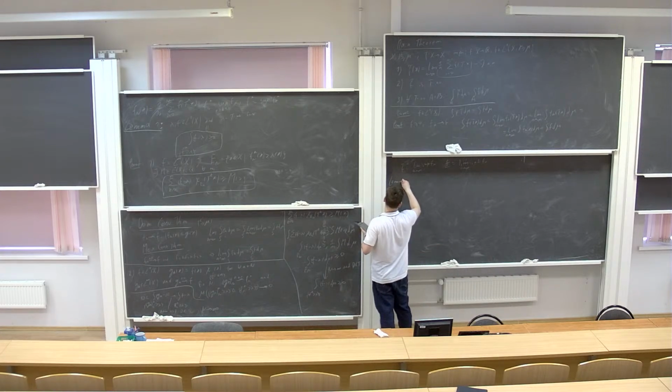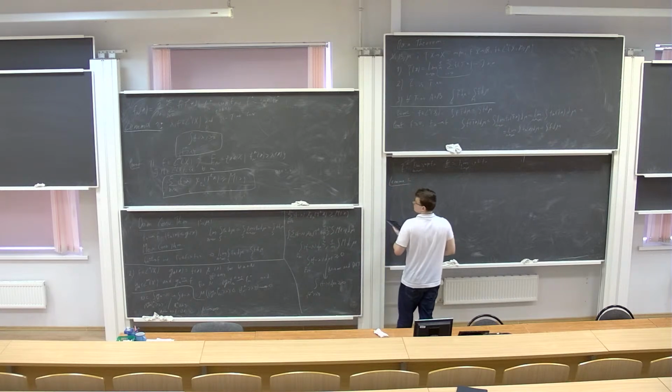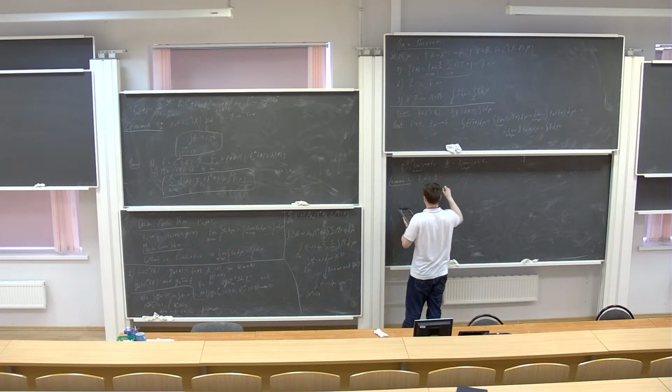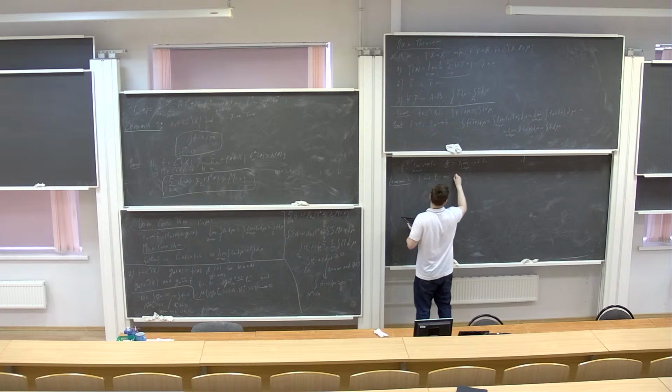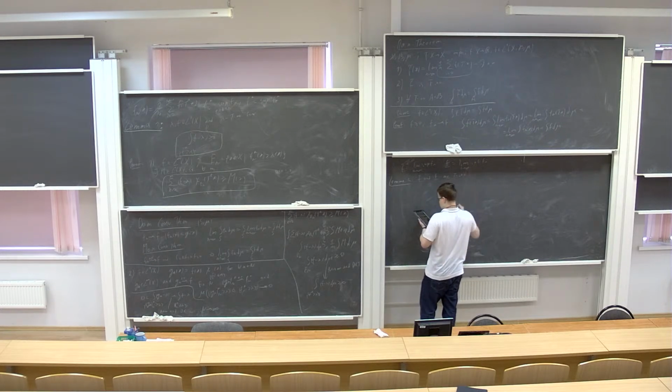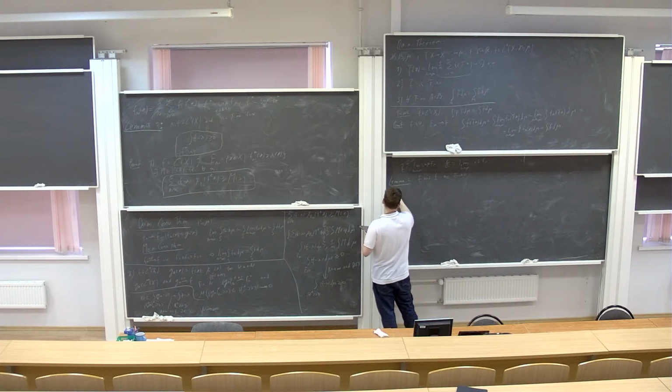Lemma 2, which is not as scary as lemma 1, is that f upper hat and f lower hat are T invariant functions. And the proof is quite straightforward.